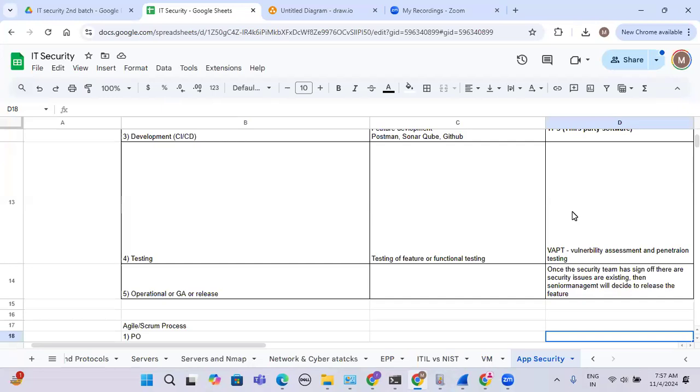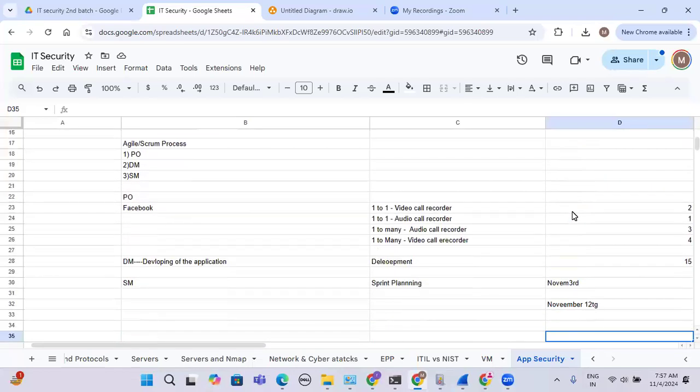For example, product PO, development team, scrum master, DevOps team, TechOps team, SecOps team, DevSecOps team, and also site reliability engineer team, and finally the security team. So many teams are involved to deliver one feature, either on the application side or product side or mobile side or OT or IoT side.